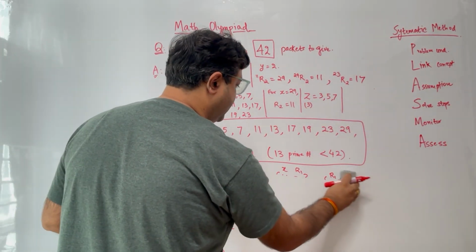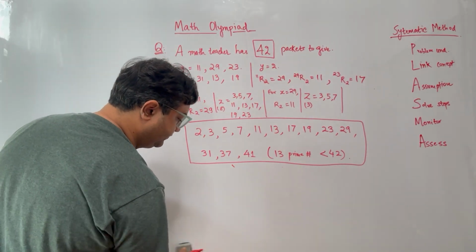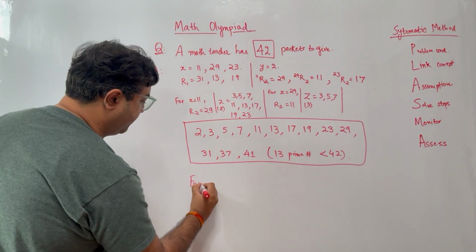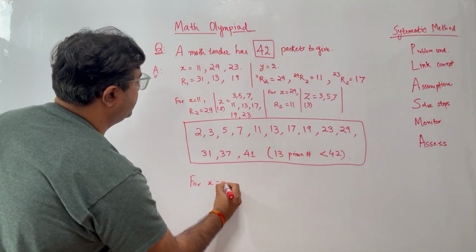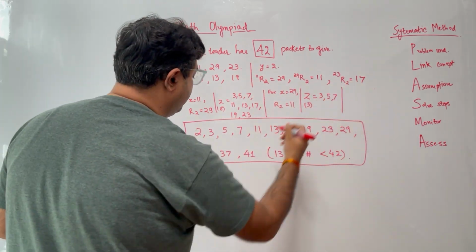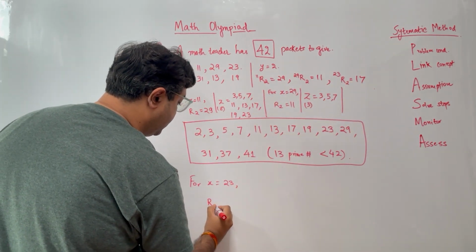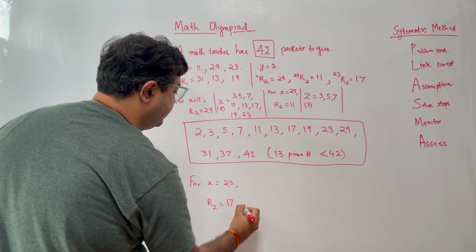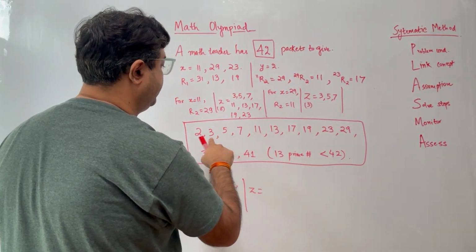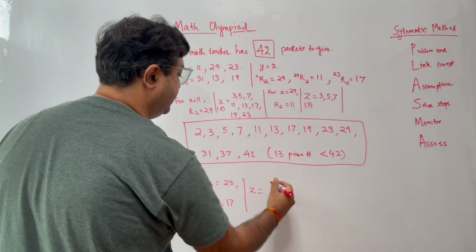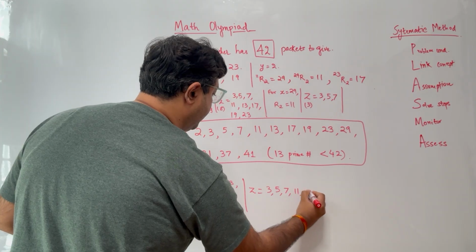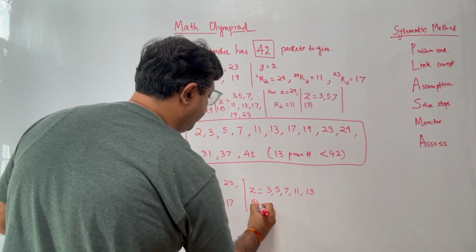And then the last one, for x is equal to 23, here our R2 is 17. So z can be 3, 5, 7, 11, 13. So 5 values.